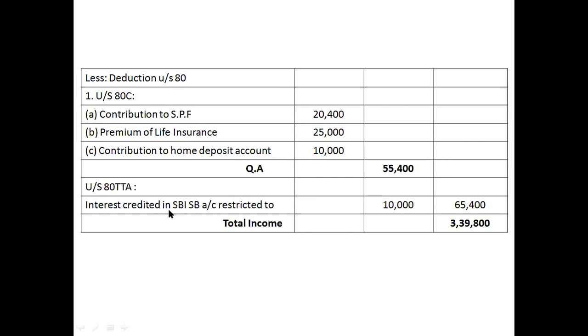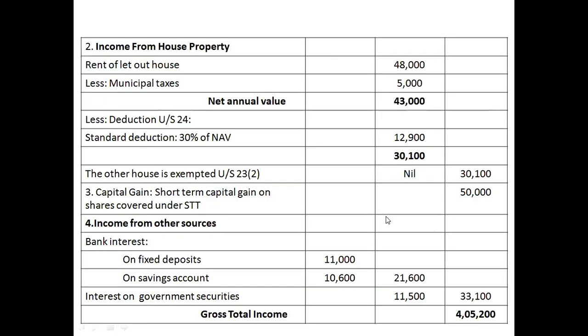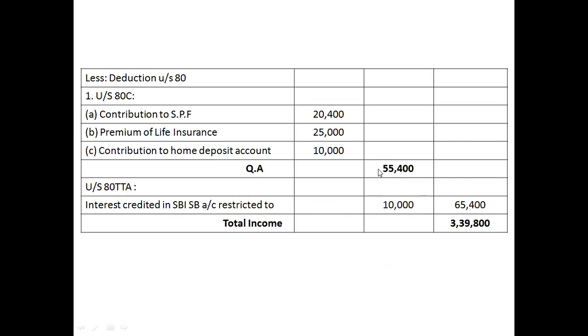As I said, interest credited in the SBI account is restricted to 10,000 rupees, and you can claim a deduction up to 10,000 rupees for your bank interest. So we are mentioning 10,000 as restricted. So 55,400 plus 10,000, you will get 65,400.